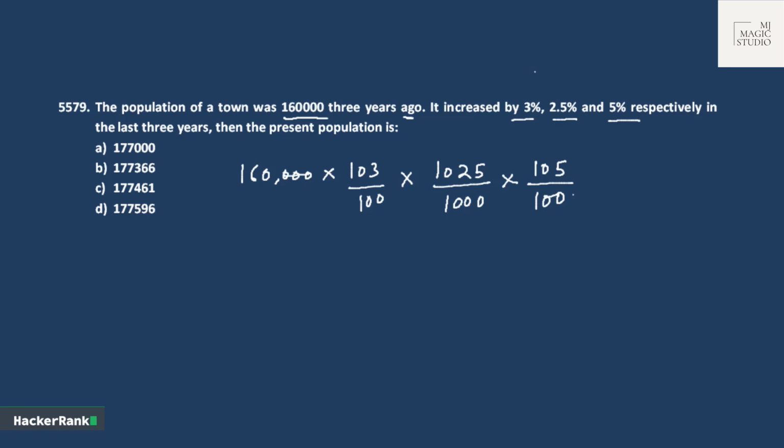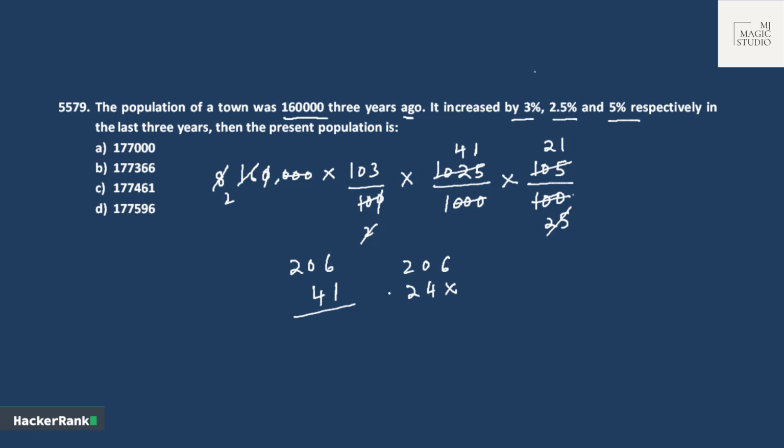Now, we just need to multiply and solve this. We don't have the calculator. Then we are left with 1000. 206 into 41. 206 into 41 is 8446.